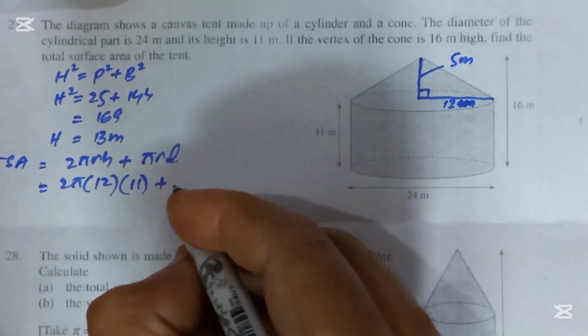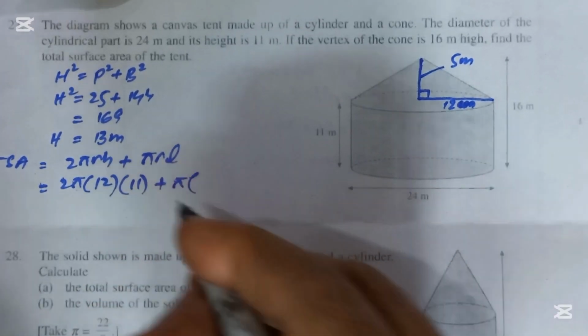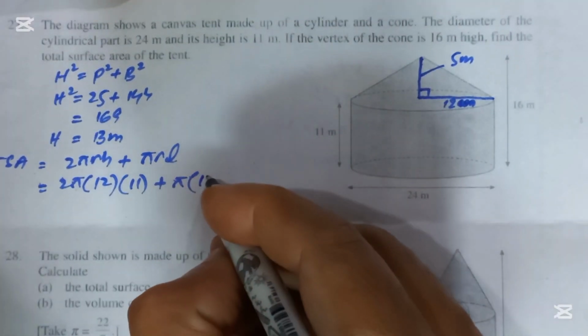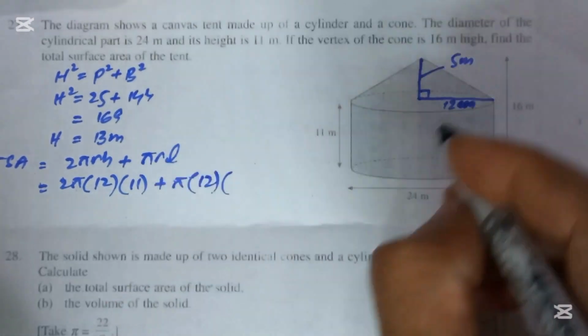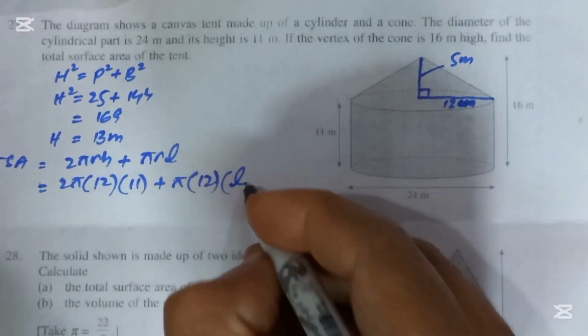Now cone, pi will remain same, r of the cone is 12 and L of the cone is 13.